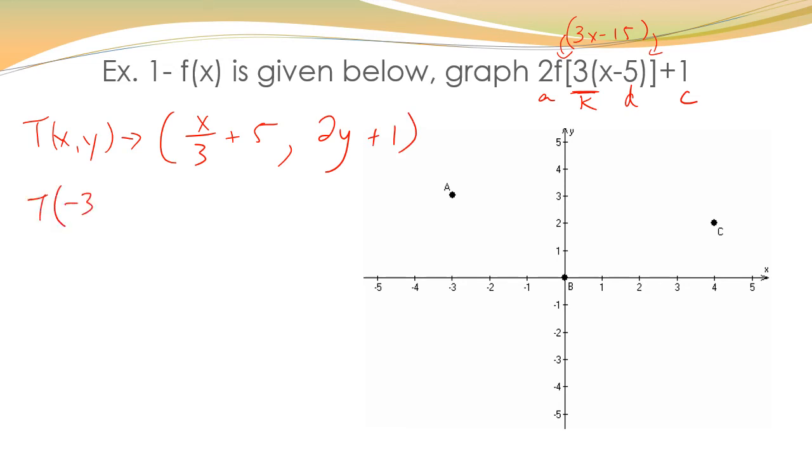Take your parent points, negative 3, 3, 0, 0, 4, 2. And we're going to apply those mapping rules to these points. We're going to transform them to new points.